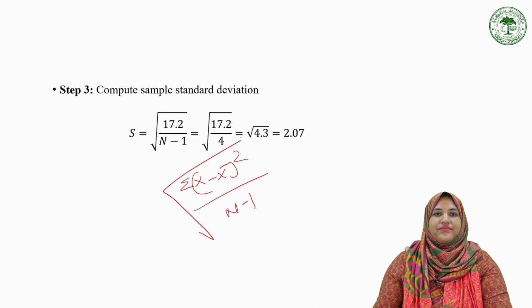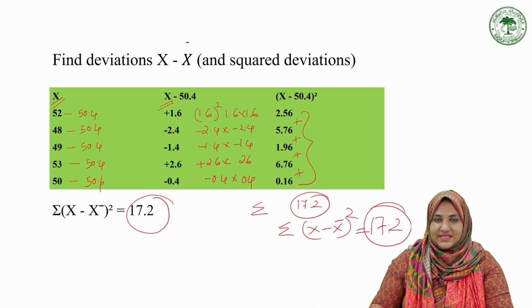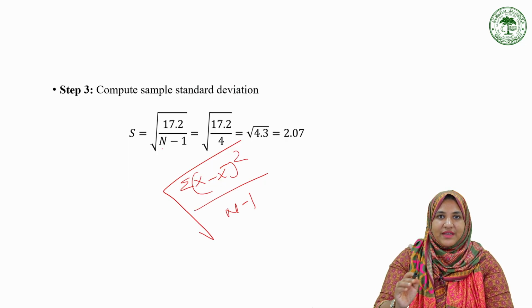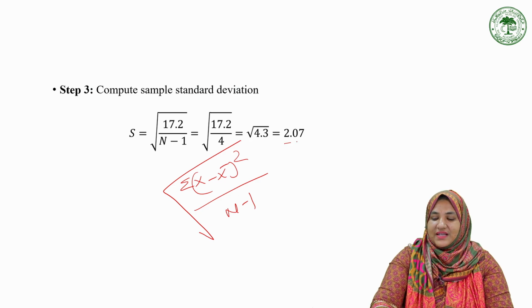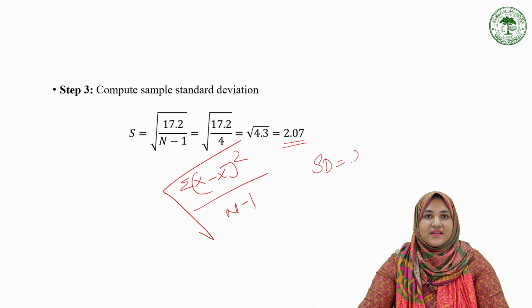Here the value is 17.2, n is 5, and 5 minus 1 is equal to 4. So root of 17.2 divided by 4, that is root of 4.3, which is 2.07. So we have the standard deviation, 2.07.